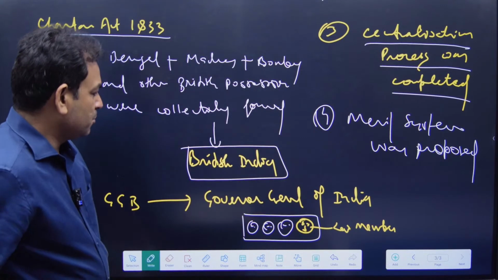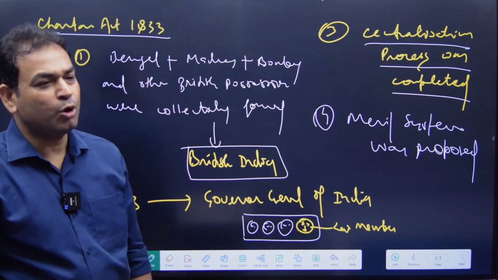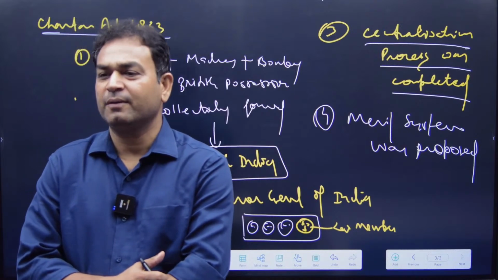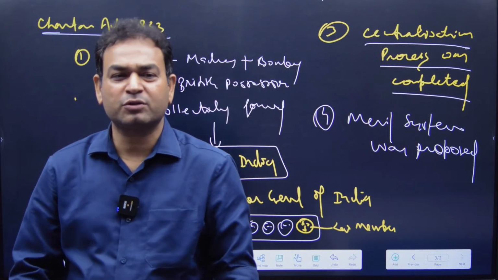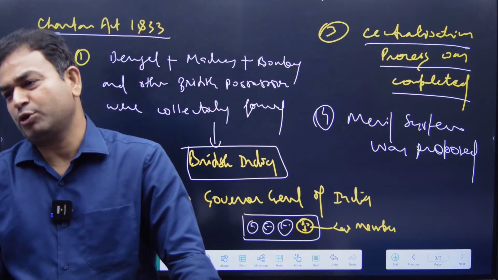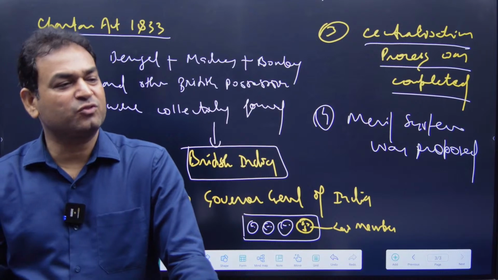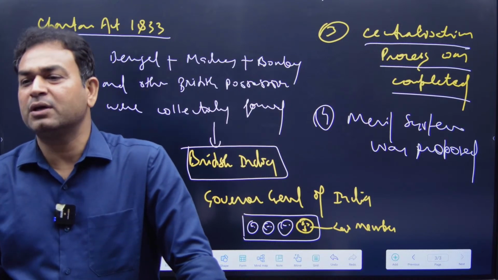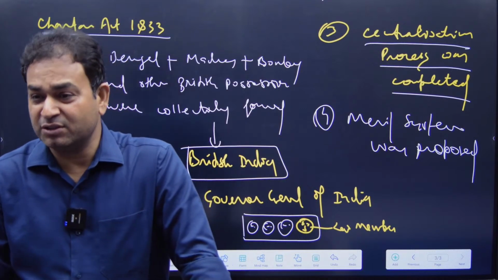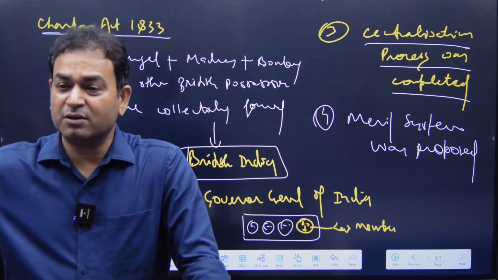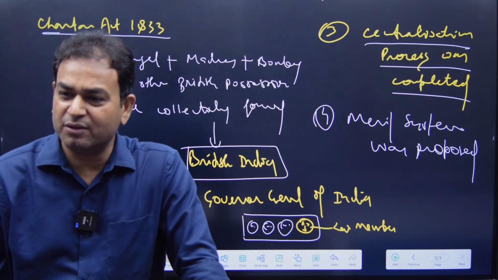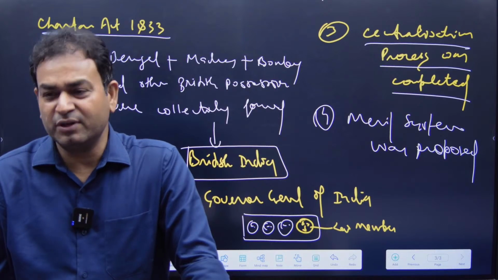Without paying attention to the increasing discontentment among the people of the country, they introduced the fourth Charter Act, 1853, without considering the demands of the local people, the situation in which they were living, the problems they were facing, the challenges their families were facing.